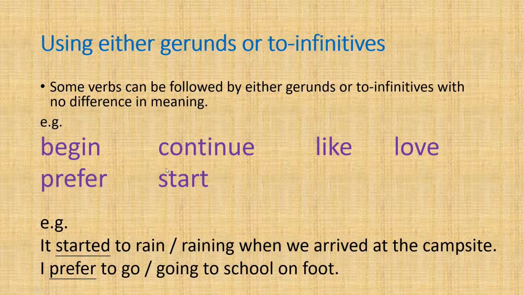Alright? Now you can take a look at these verbs. If you see these verbs as the main verb in the sentence, that means after these main verbs, you can use both to infinitives or gerunds. Understand? Right.